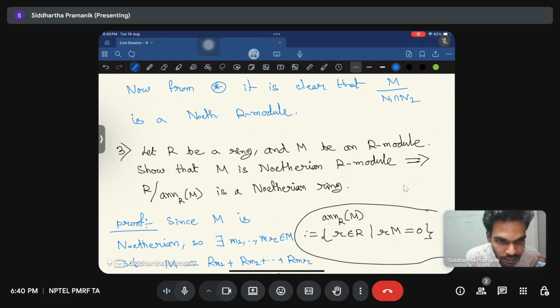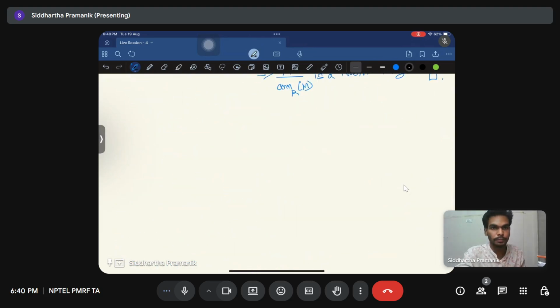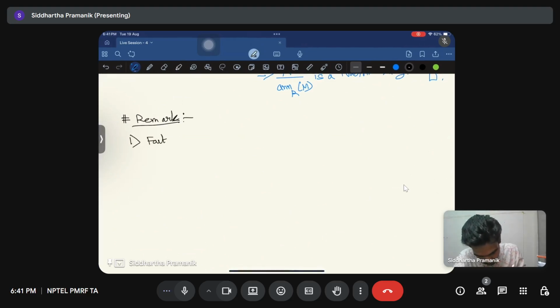Okay, now from this exercise, we can say something more about the ring R in some particular cases. So let's put that as a remark. I need one definition for that, so I will define it here. First thing is a faithful R module. What do we mean by a faithful module?